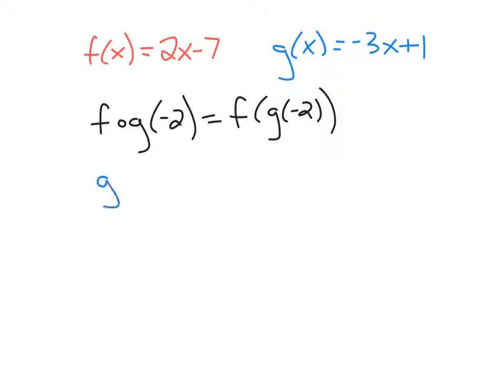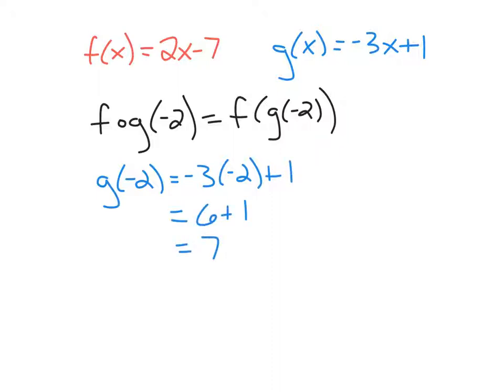So g of negative 2 is the same as negative 3 times negative 2 plus 1. So that's 6 plus 1, or 7. So really what this question is asking then, since g of negative 2, which is what we're going to plug into the f function, is 7, then really what we're finding here is f of 7.